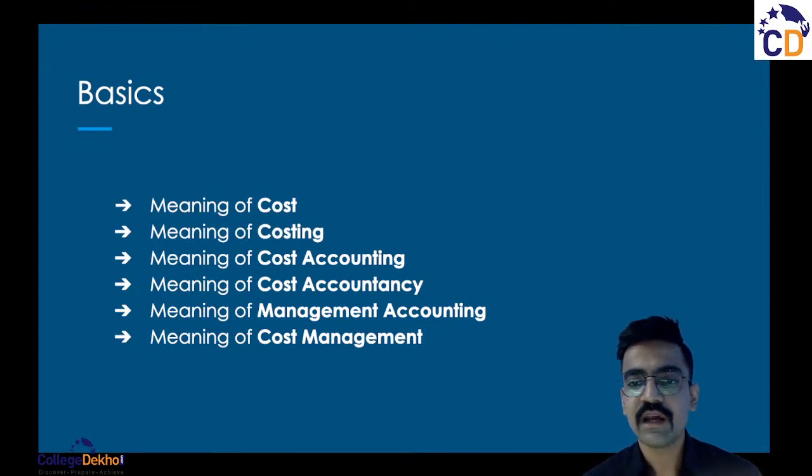And after cost and costing comes cost accounting. Up until now we have understood what the amount of expenditure is, and how this cost has been ascertained, measured, and calculated. After both of these things are done, we come to cost accounting, which is a process of accounting for cost.